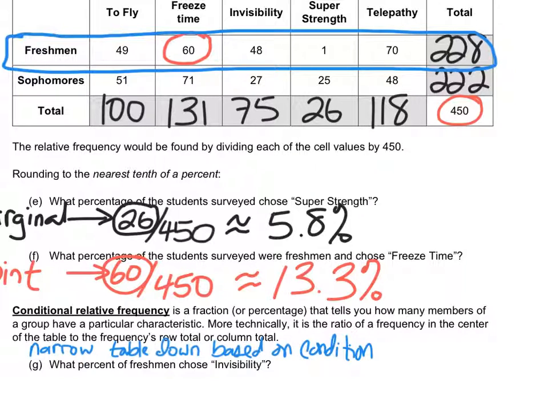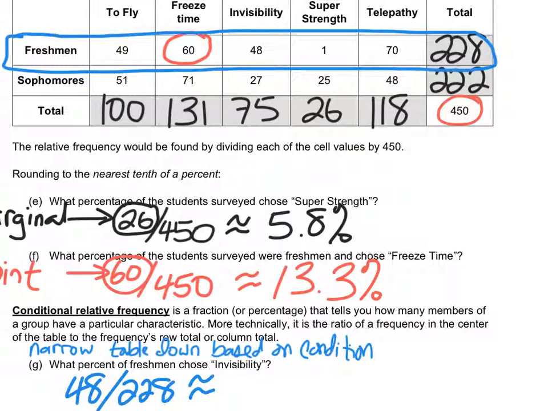So anyway, it's of freshmen, so that's where we've narrowed it down. Now we want only the freshmen who chose invisibility. So how many freshmen chose invisibility? 48. And how many freshmen are there? 228.